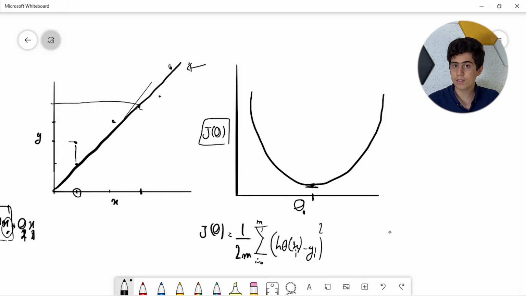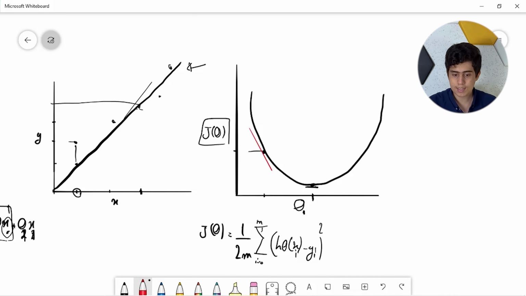Now here is where gradient descent comes in. What gradient descent does is really fascinating and kind of a big brain move. We start off by choosing a random value for our theta parameter. Let's say we choose this value over here, for which we know the value of the cost function will be this much. Now it gets a partial derivative, or derivative, for this point in this graph.